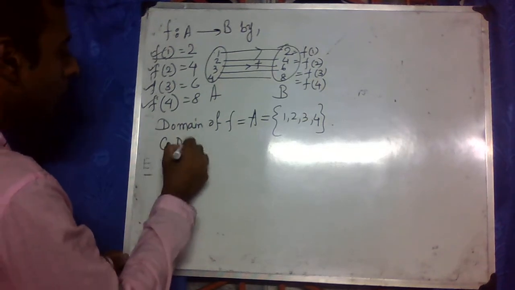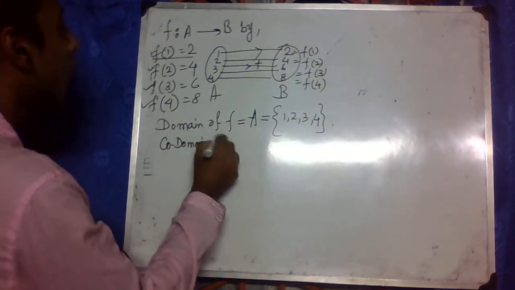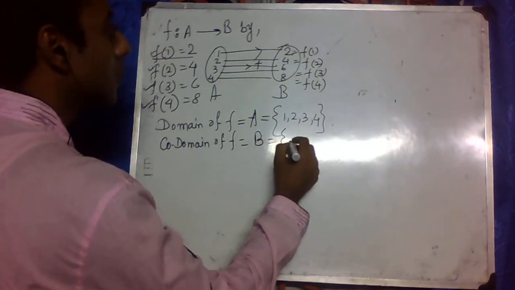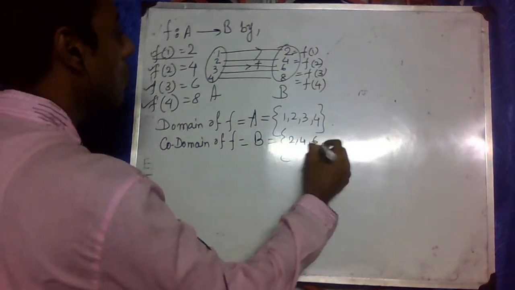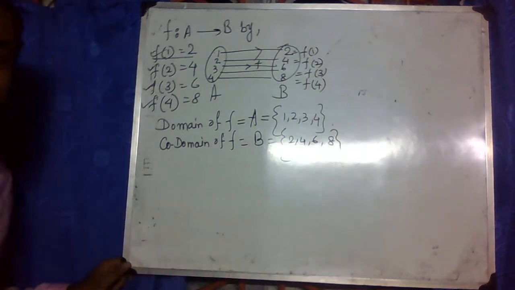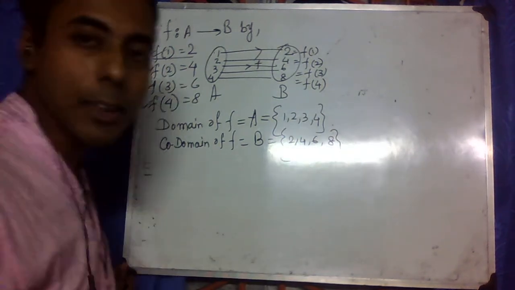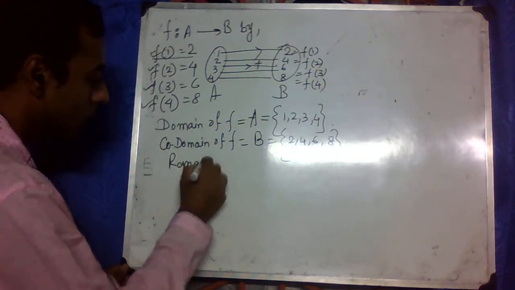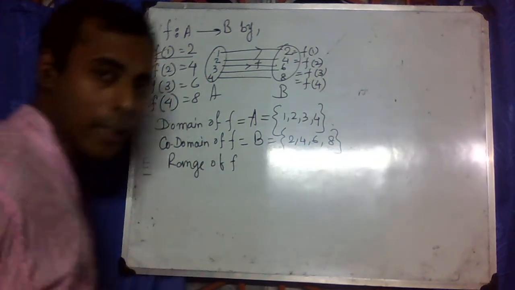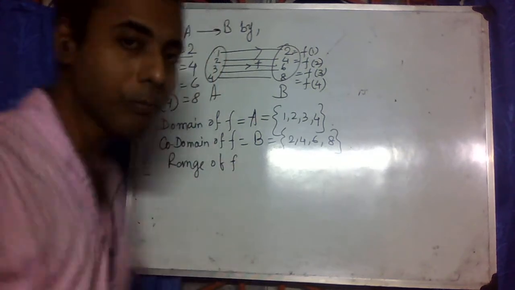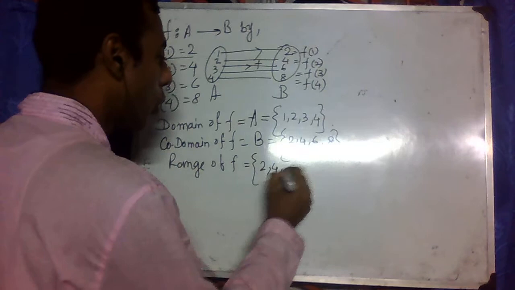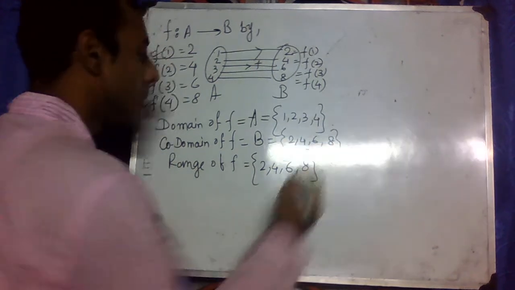Codomain B is 2, 4, 6, 8. Range of f is also 2, 4, 6, 8.